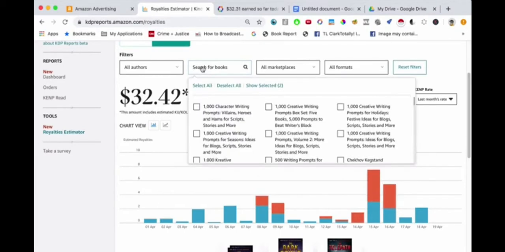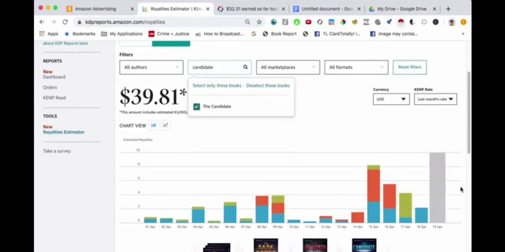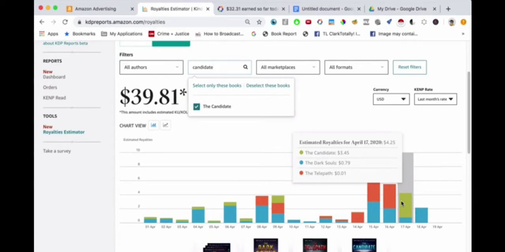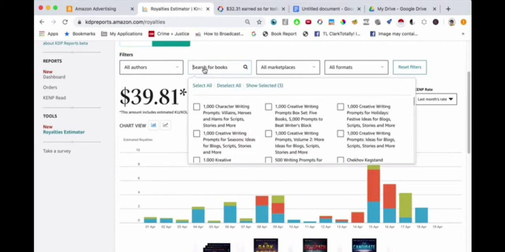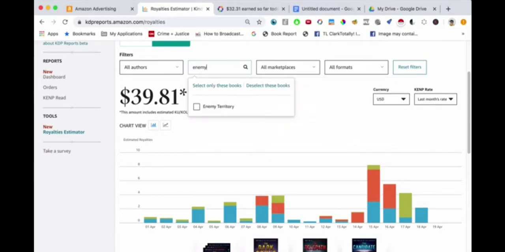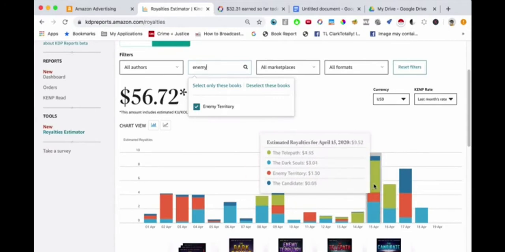What if I add my book 3? I've got a little bit of earnings on the 17th there, and some earnings there, just 65 cents on the 15th. What if I add my 4th book? And so we'll go with Enemy Territory. We see some other earnings there.